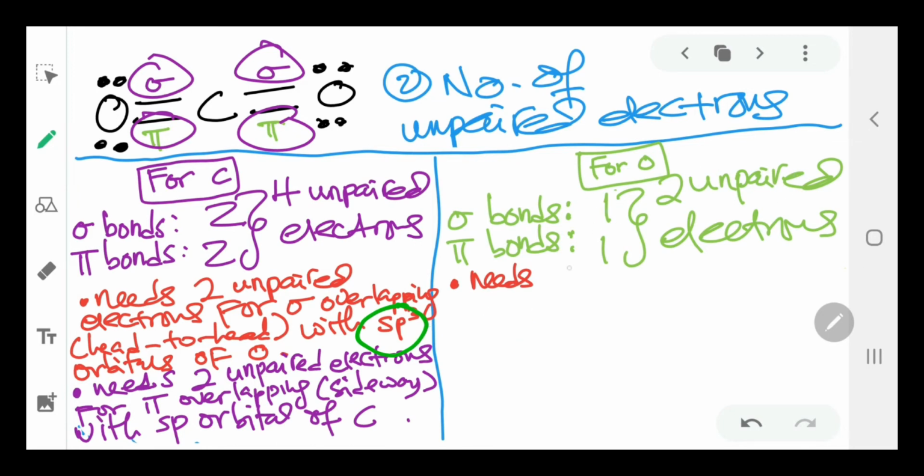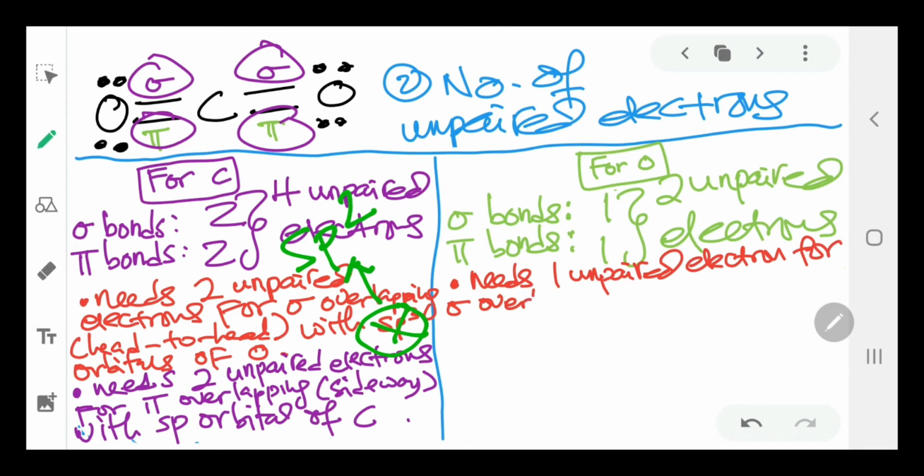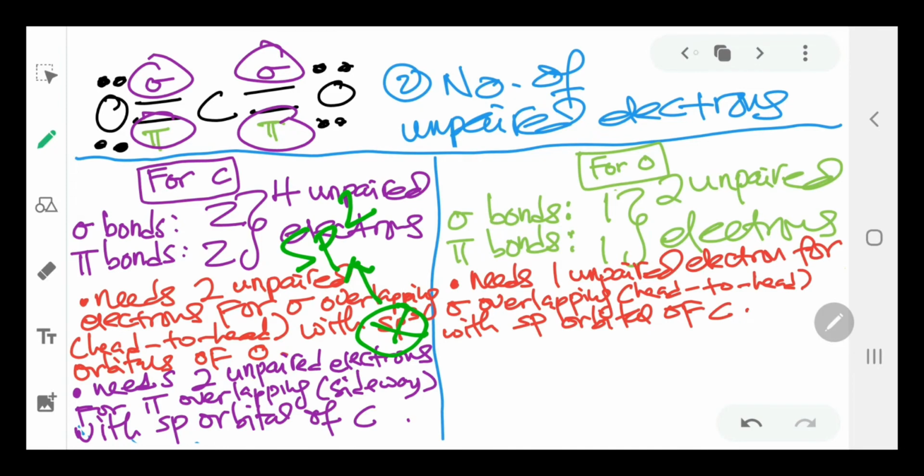It needs 1 unpaired electron for sigma overlapping head to head with sp orbital of carbon. So you can double check.